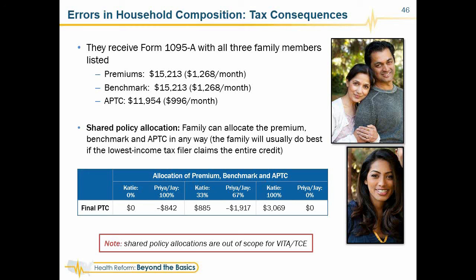But if you report a change that's fairly substantial, you might trip over one of the cost sharing reduction amounts. And if you have a change in your cost sharing reduction amount, then you will have the option to choose another plan.